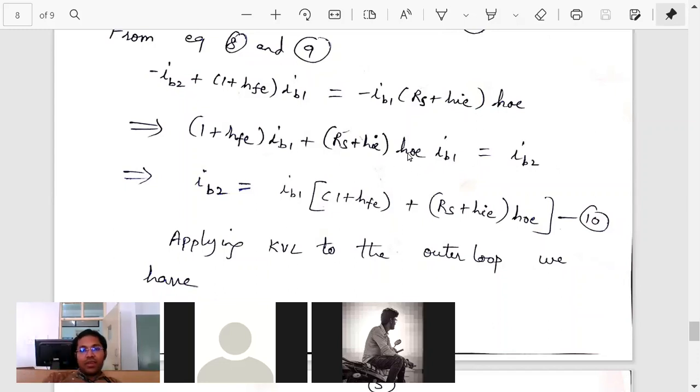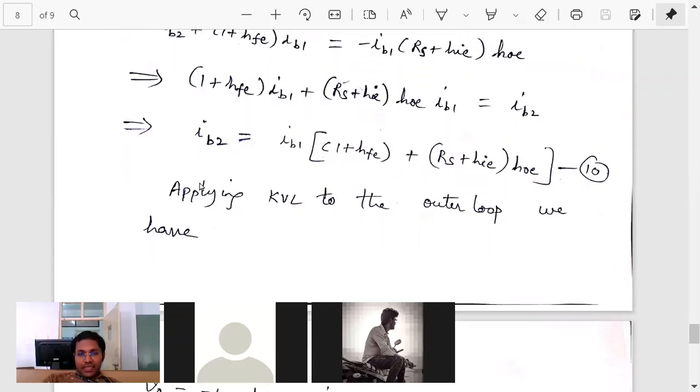If I take IB1 common, 1 plus HFE plus RS plus HIE into HOE. I am exchanging LHS. A equal to B means B equal to A, isn't it? I can write. So it doesn't matter whether I write this here or here. IB2 I can rearrange it like this.